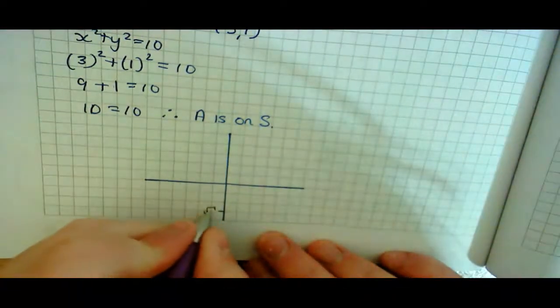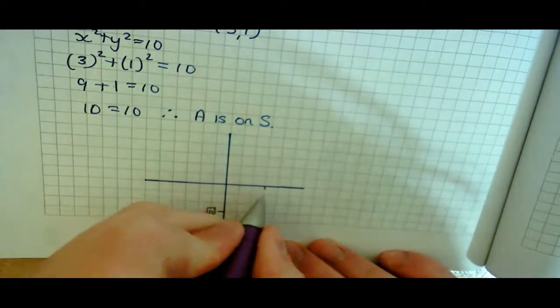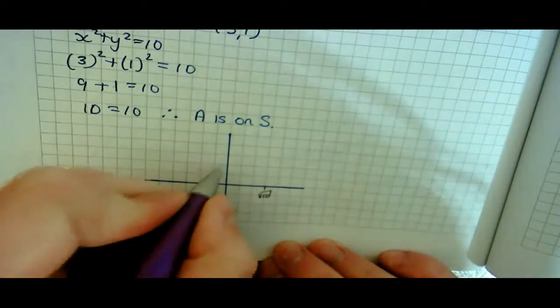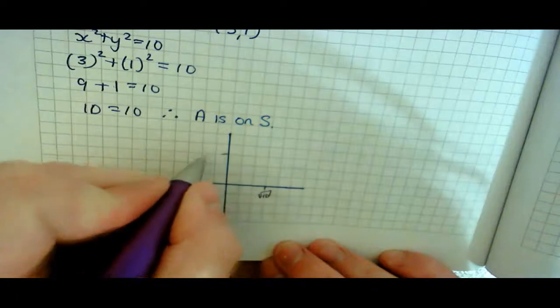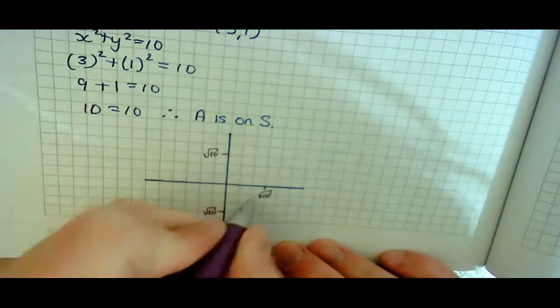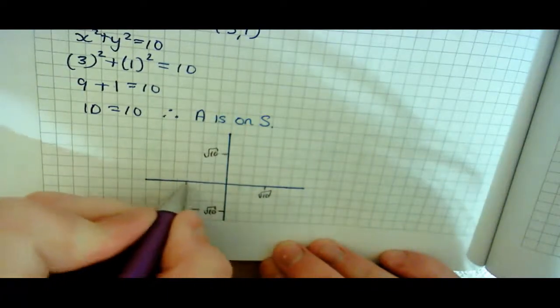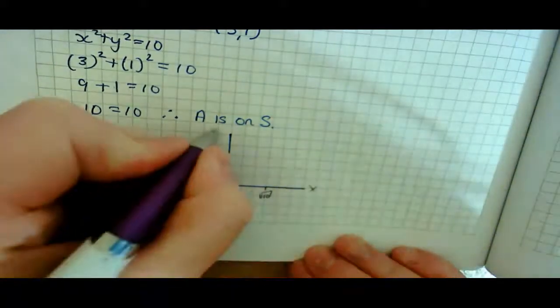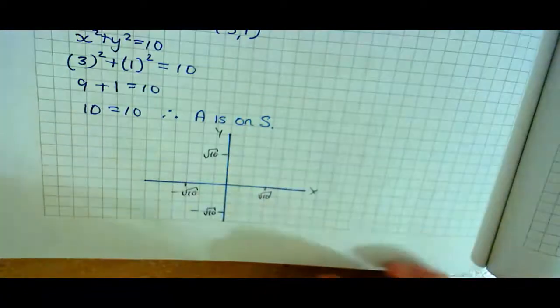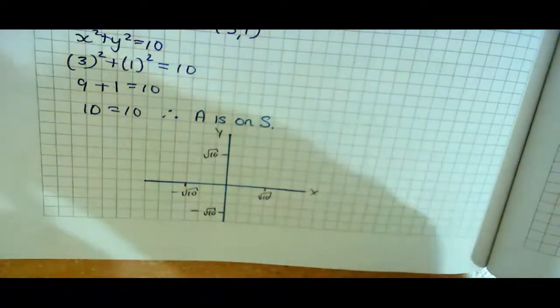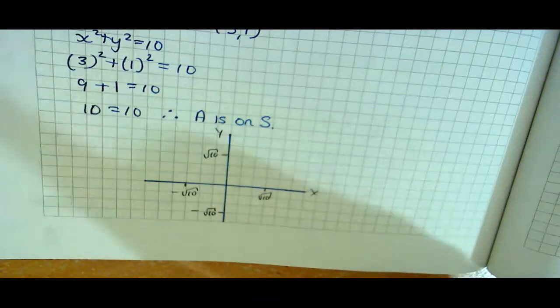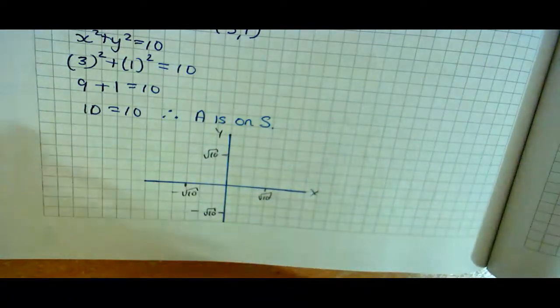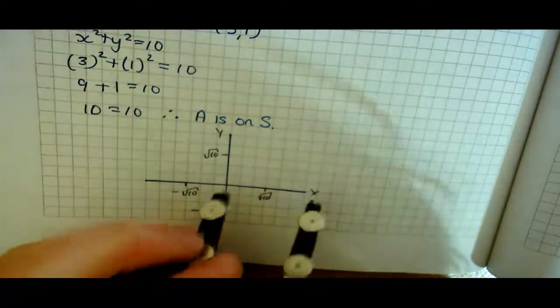If I let that be my root 10, that be my root 10, that be my root 10, minus root 10, that's my x, that's my y. Okay, so I know it goes through the centre of the circle. I know my radius is root 10. So I put it at the centre, 0, 0.